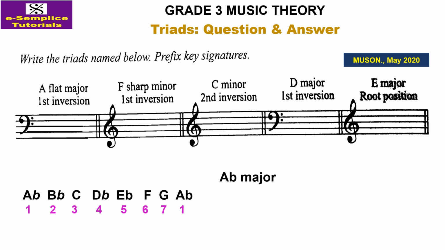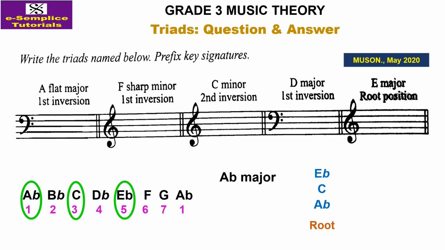The notes in A flat major scale, the degrees of the scale, the tonic, the third, and the fifth. As usual, stack. When you stack it, you will be having A flat major triad, but root position.